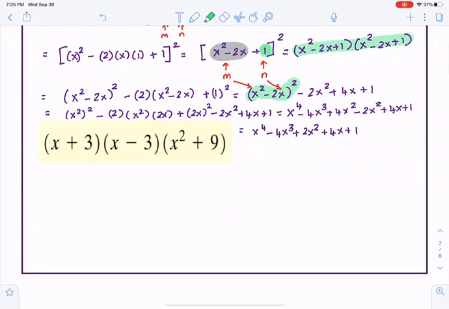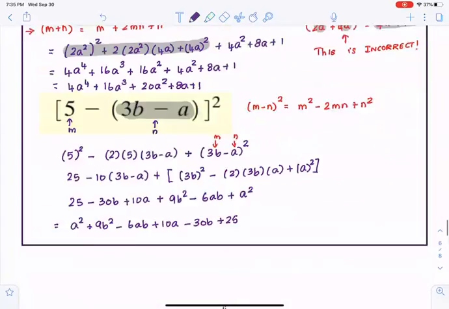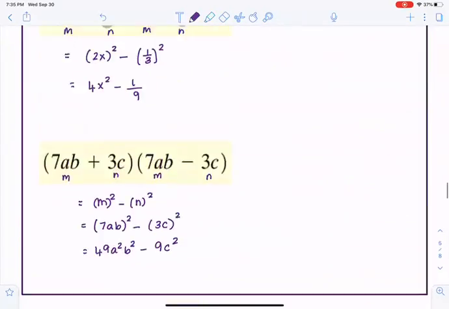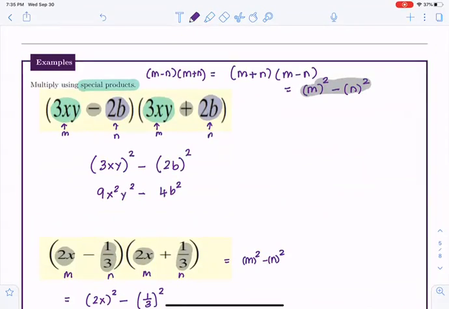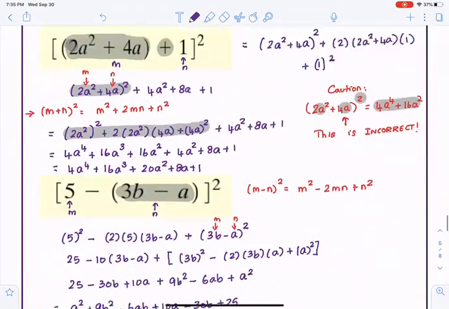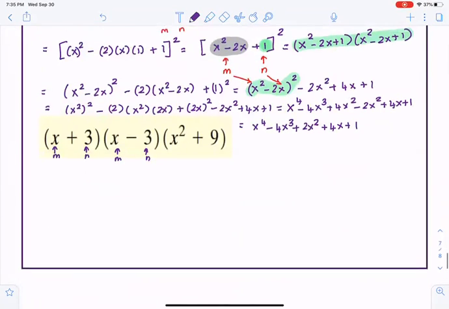So we have x plus 3, x minus 3. That is of the form m plus n, m minus n. We know from earlier the identity m plus n multiplied by m minus n is m squared minus n squared.